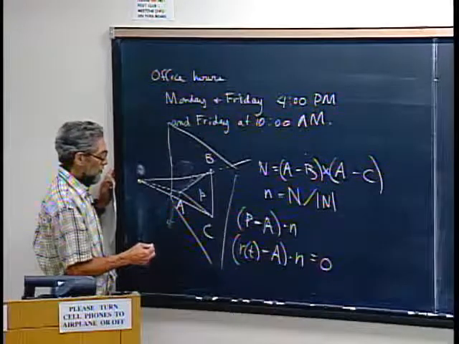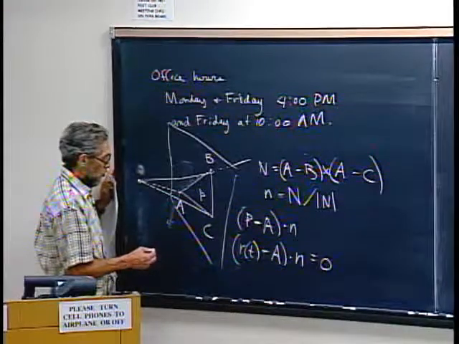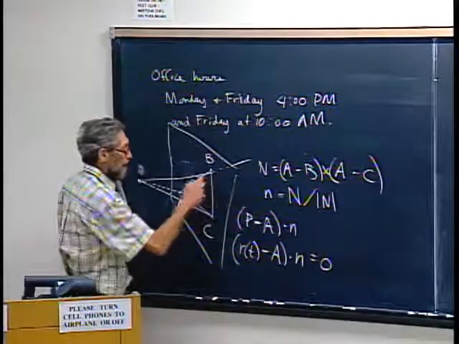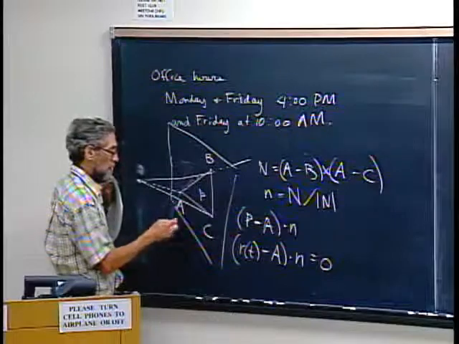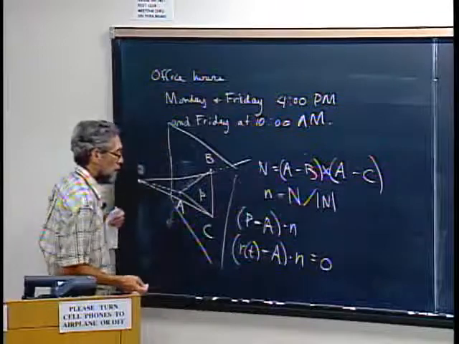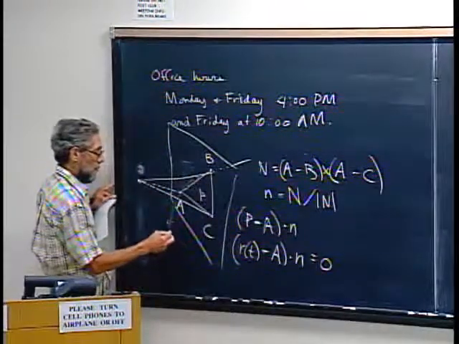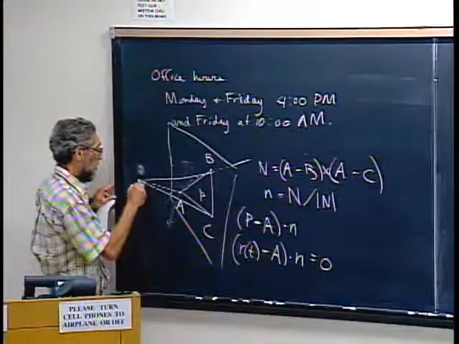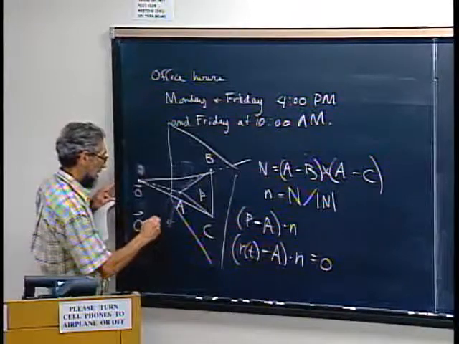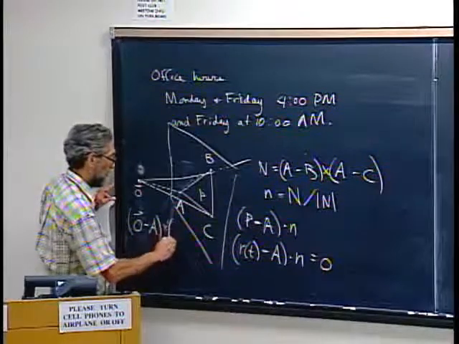So just like I found a normal to this plane by taking this cross product here, I can find the normal to this plane by, say, taking the origin minus A, and the origin minus B. Let me write it and then figure out whether I've done it consistently.